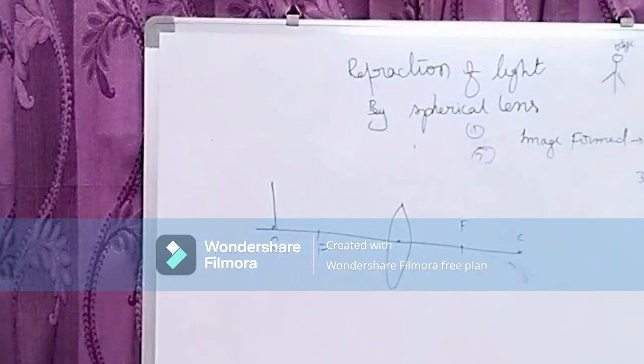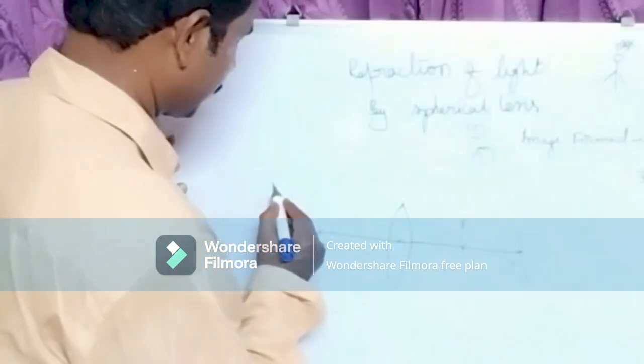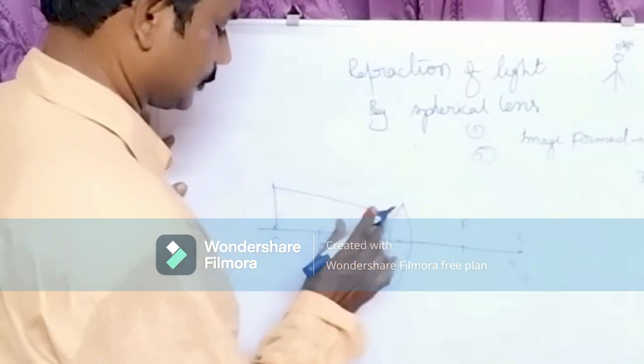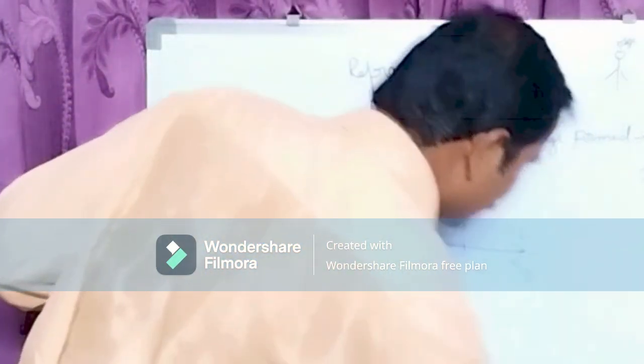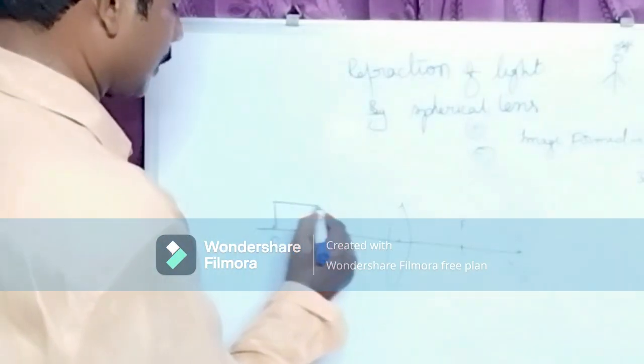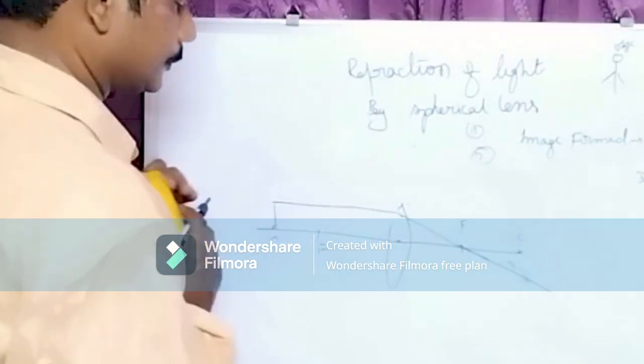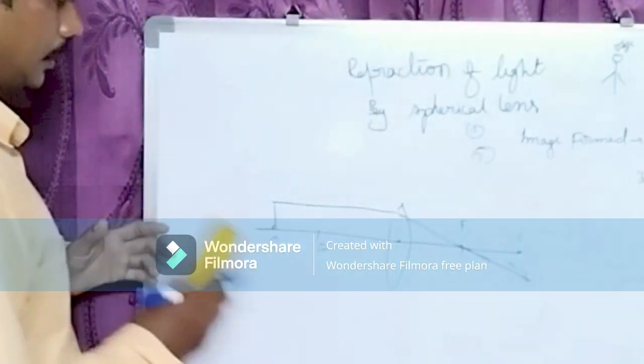Now in this case, what happens? One parallel line will come like this, and it passes through the focus.